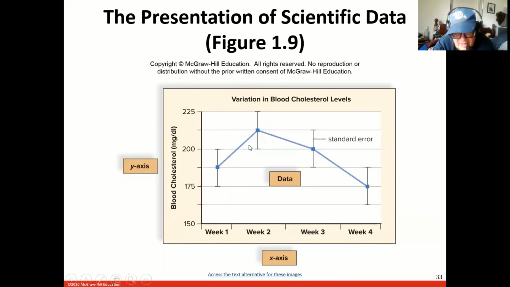When you look at this data point, you might say, oh, that's what the cholesterol level was. In reality, it's possible that the cholesterol level could be as high as this or as low as this. And that's the deviation or standard error. Those error bars tell us what the confidence interval is.